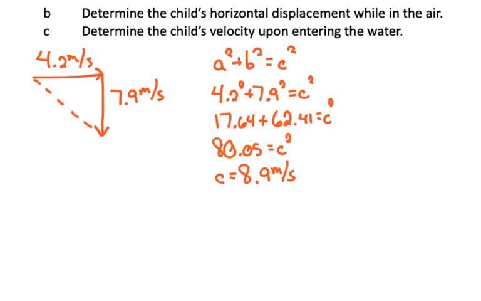We also need the angle that the child's velocity is at. That is this angle here. With it being a right triangle again, SOHCAHTOA, we have the opposite of 7.9, the adjacent of 4.2. So tangent works here. Filling in.